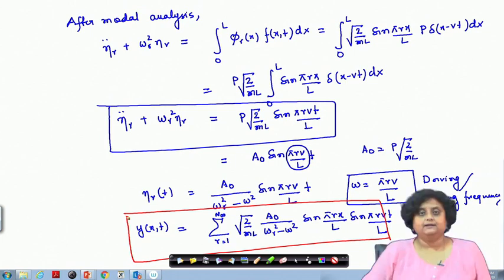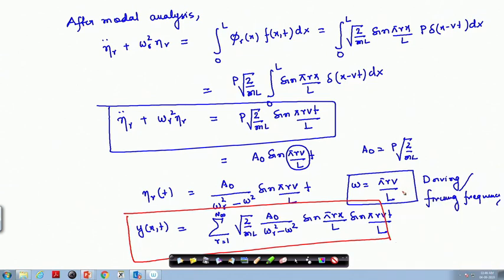Now, you can see why harmonic analysis is so important, because even the traffic movement can be modeled as a harmonic load problem, and since we know all the details of harmonic analysis, we can very well physically analyze this response. One example is that the driving frequency, which depends on the velocity of the moving vehicle, should never be equal to any of the natural frequencies of the bridge.